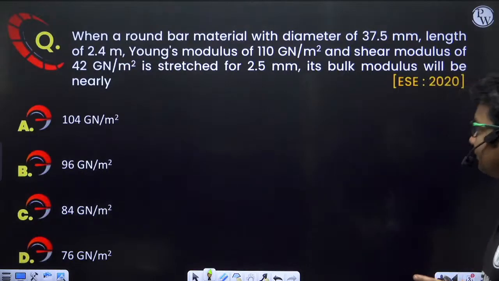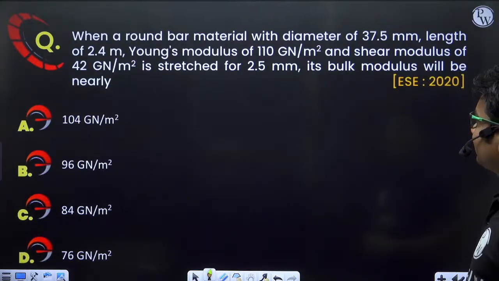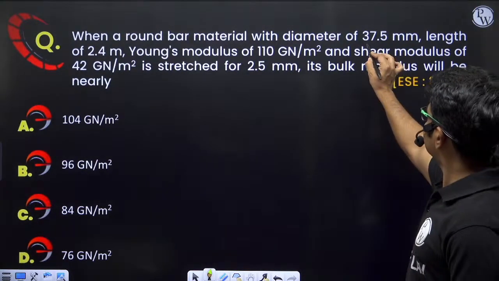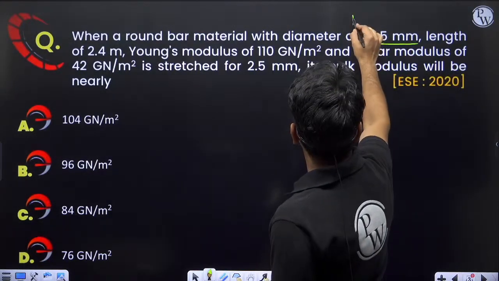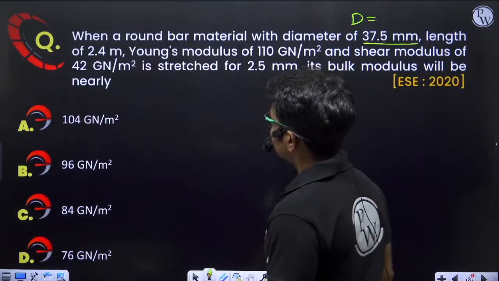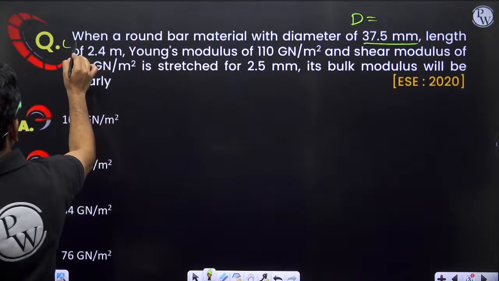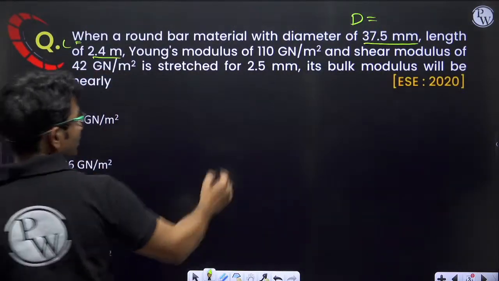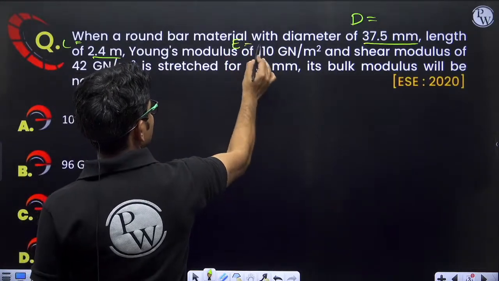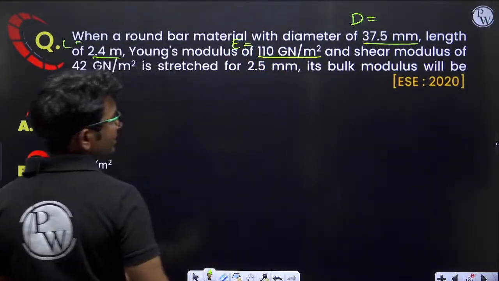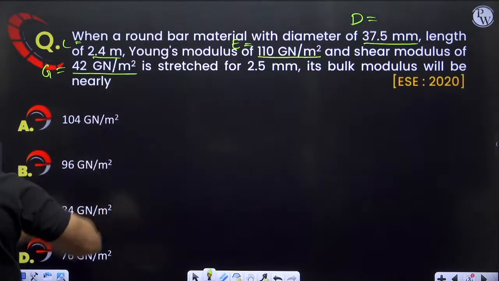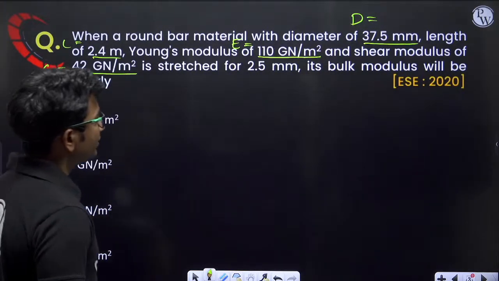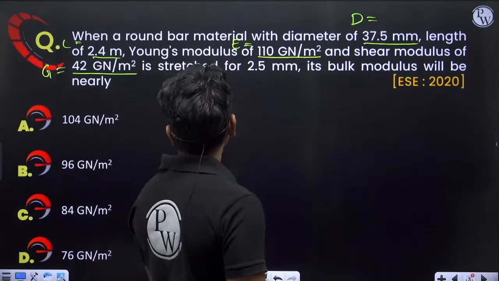Today's first question: a round bar with diameter 37.5 mm, length 2.4 meter, Young's modulus E equal to 110 giganewton per meter square, and shear modulus G of 42 giganewton per meter square, is stretched by 2.5 mm. Its bulk modulus will be?